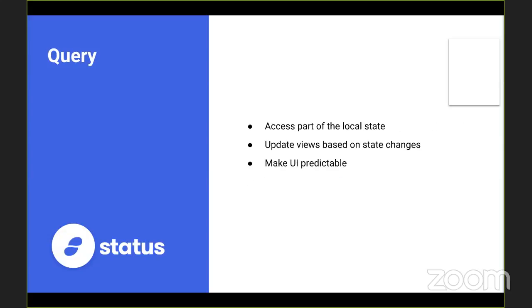So then how do you get your information and link it from the local state to your view? You do this through the concept of query. A query is a way to detail what kind of information I want to retrieve, and then I assign this information and define it inside my view.